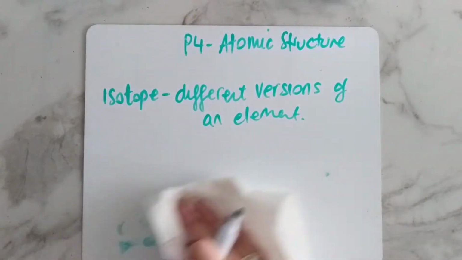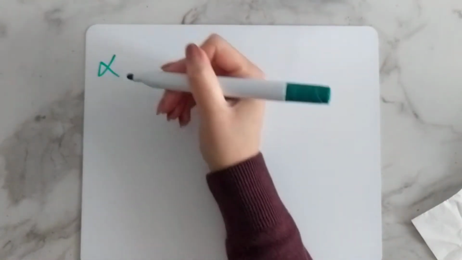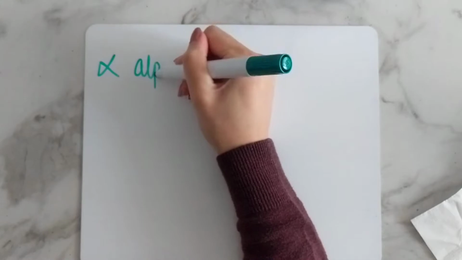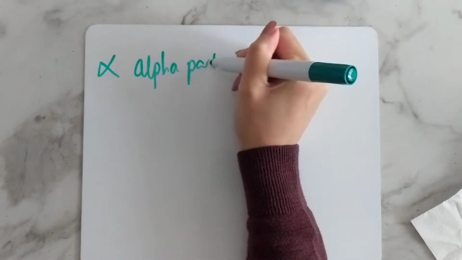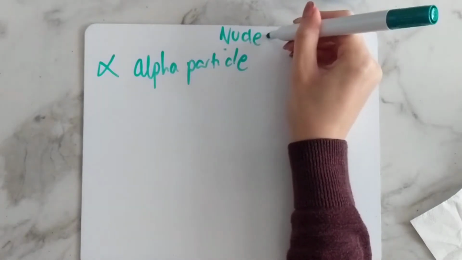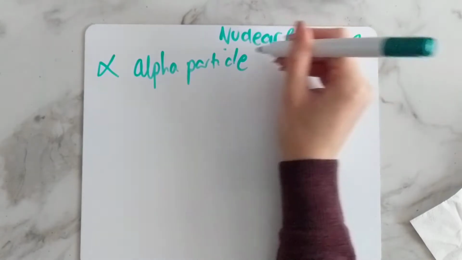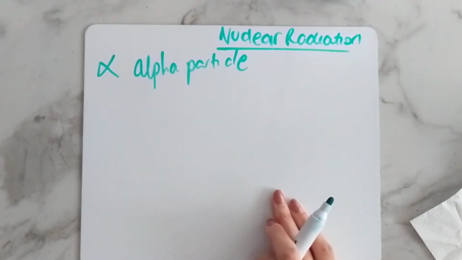Let's focus now on alpha. So alpha particles, the symbol is that. So alpha radiation, sorry, let me just mention this is nuclear radiation. We are going to look at 3 types of nuclear radiation. The alpha particle is number 1.